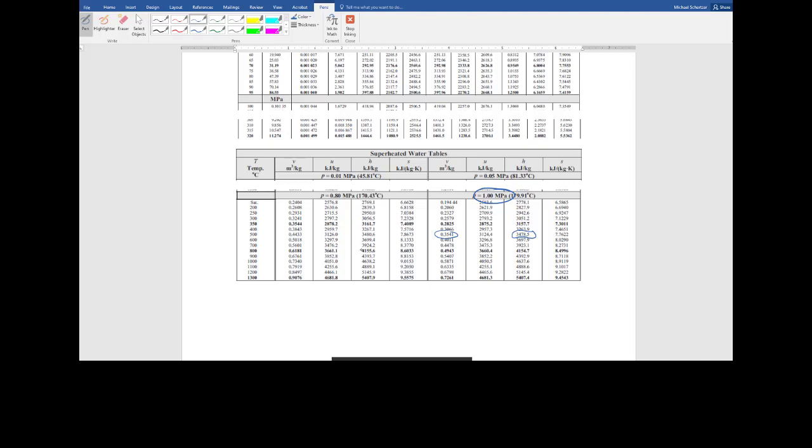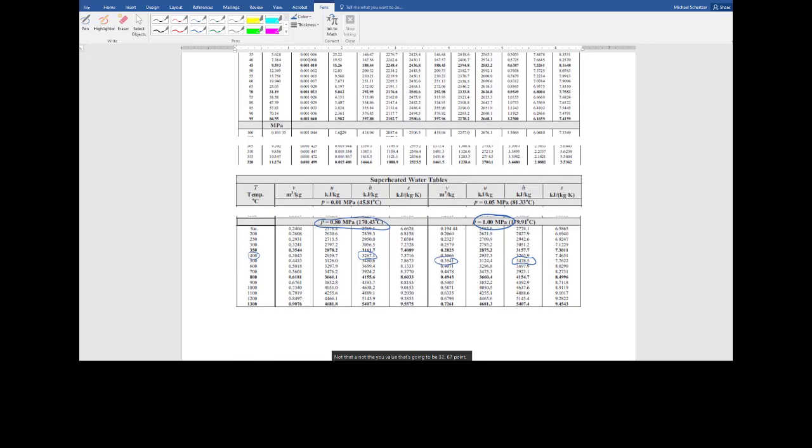And then over here, state 2 was 0.8 megapascals at 400 degrees. And I want the H value, not the U value. That's going to be 3267.1.